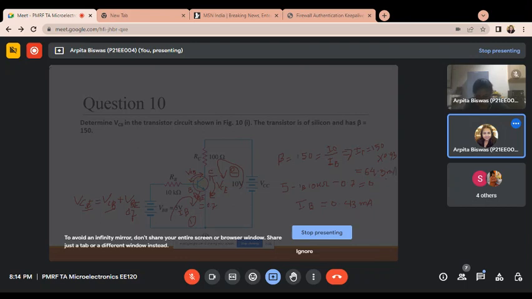Okay. Then taking this loop, now you know the IC value. Now tell me how to find VC. VCE, what is the value of VCE? VC is equal to 10 minus ICRC. Just you have to take this second loop.